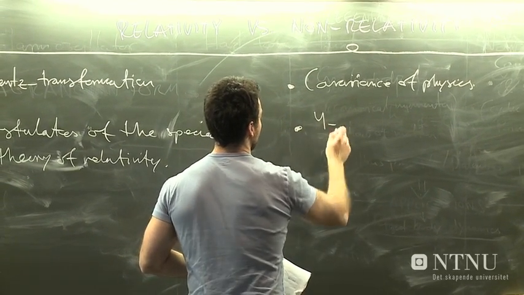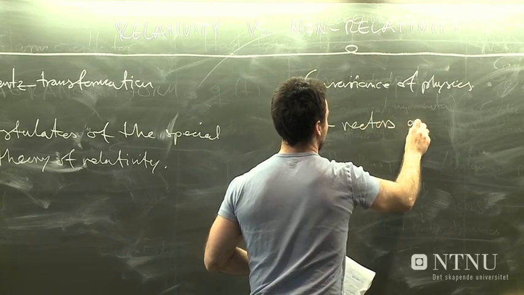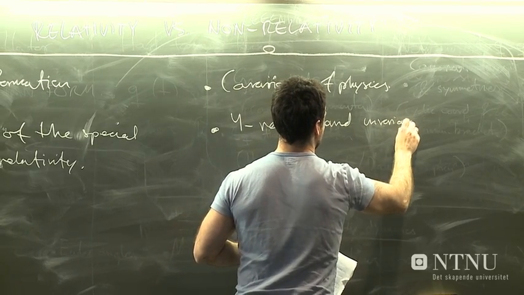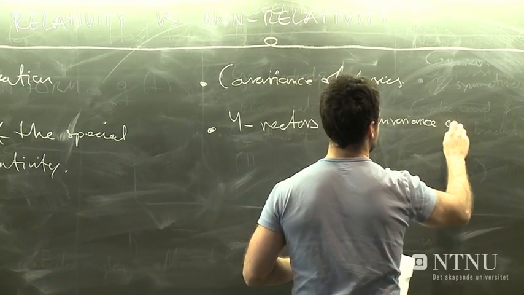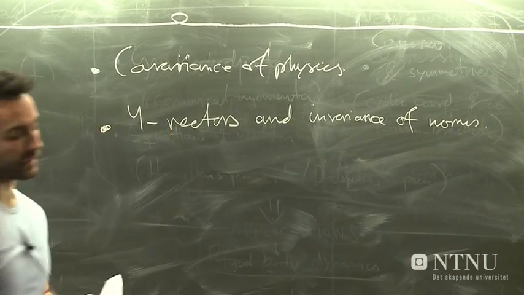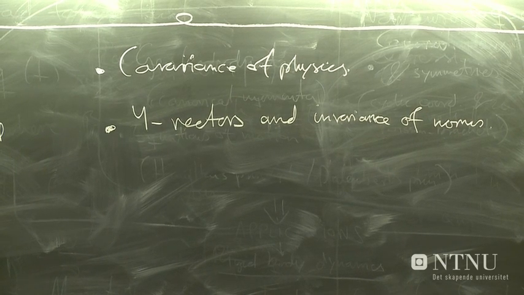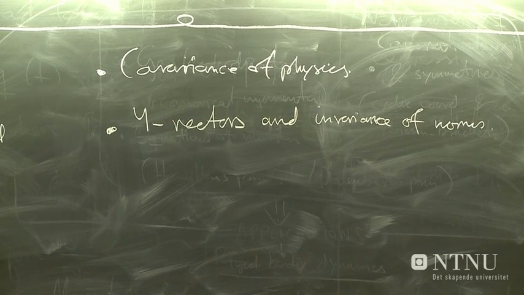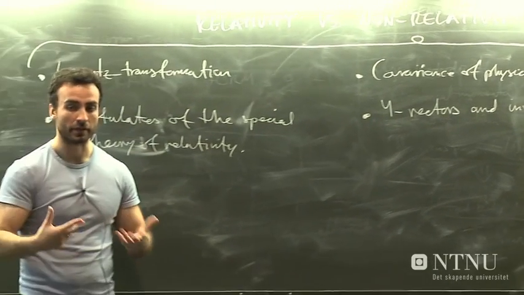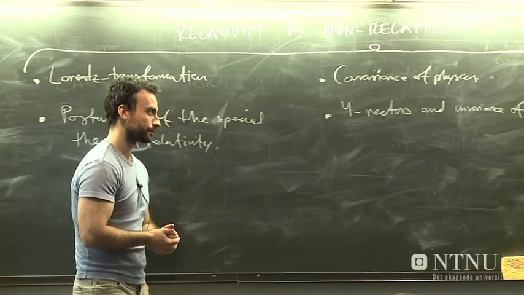And on a more technical note, we introduced these 4-vectors in Minkowski space, where the 3 first coordinates say something about the spatial position of the object, and the 4th coordinate being imaginary time.